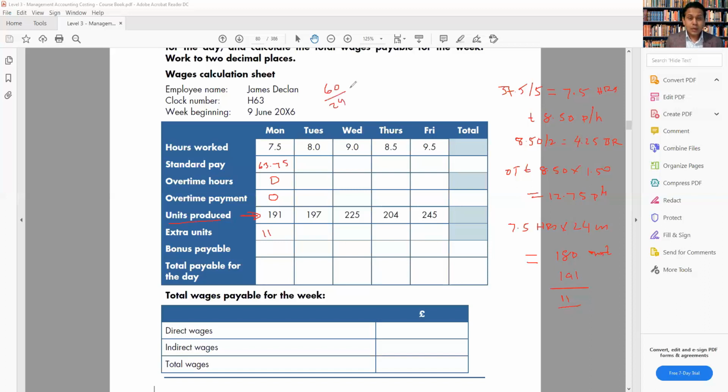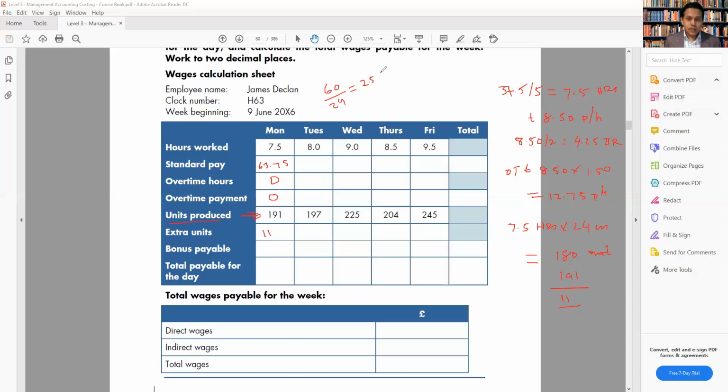So how much time do we need for 1 unit? 60 divided by 24 will give us how many minutes we need to make 1 unit.